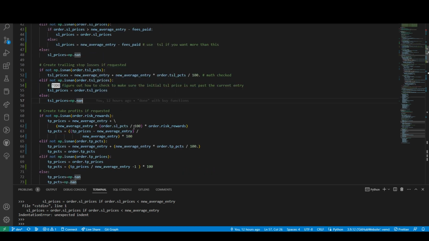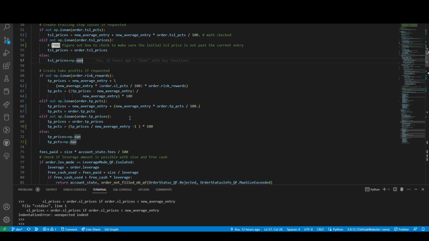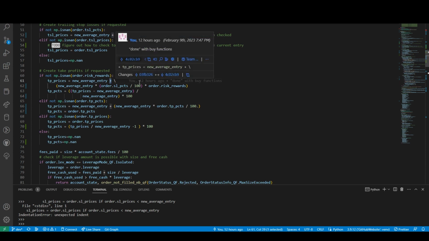Okay. I had to do the math. Take profit prices, new average entry plus. I think it has to be minus.